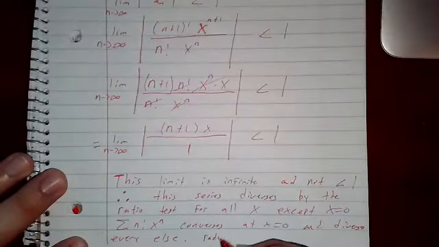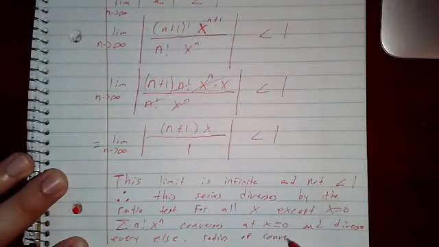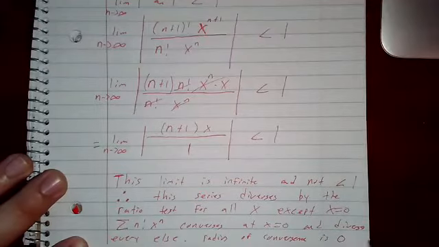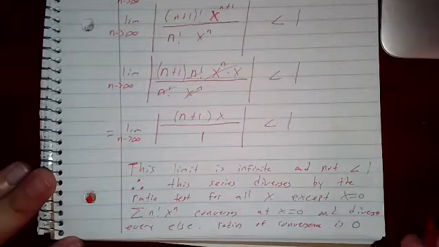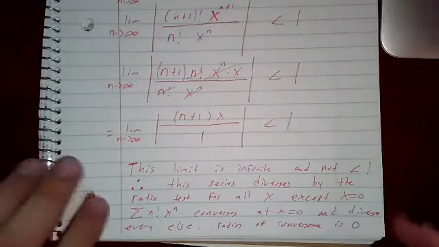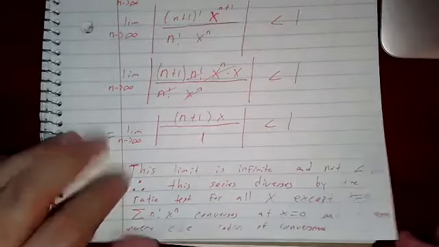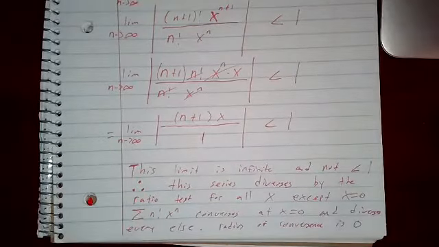So radius of convergence is 0. Then on the homework you'll write r equals 0 or something like that. Let's do one that actually converges at more spots.